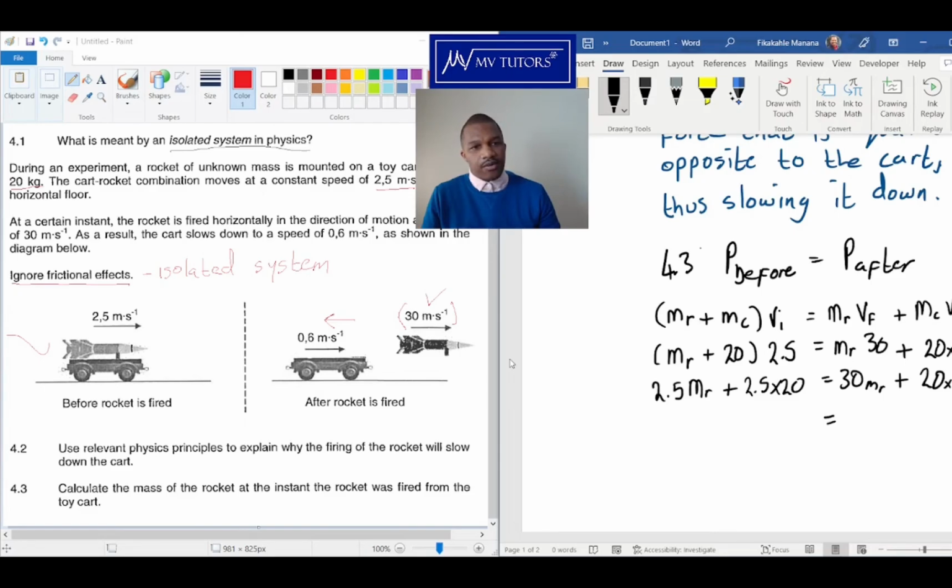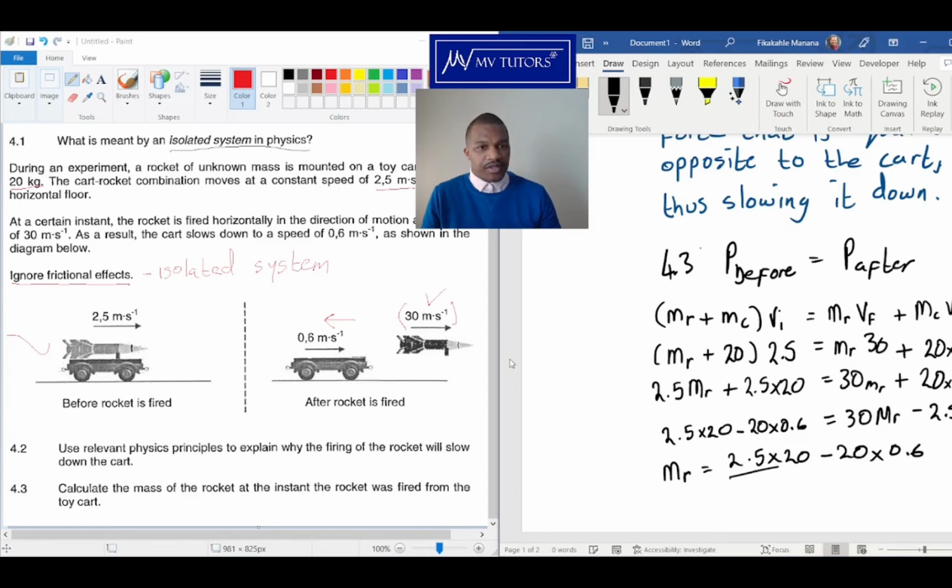So on this side I will have 2.5 times 20, minus 20 times 0.6, and on the other side 30 mr minus 2.5 mr. Then to solve for mr, I'll use a calculator: 2.5 times 20 minus 20 times 0.6, divided by 30 minus 2.5.